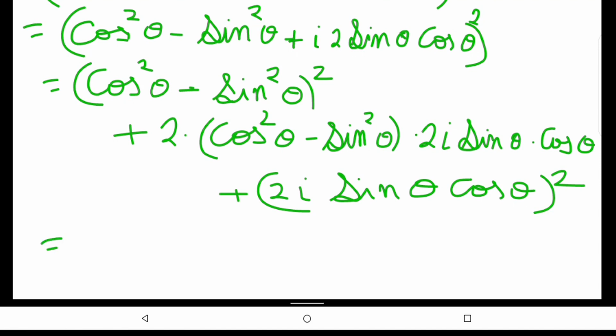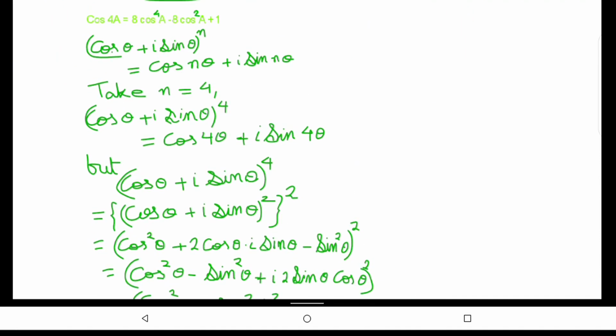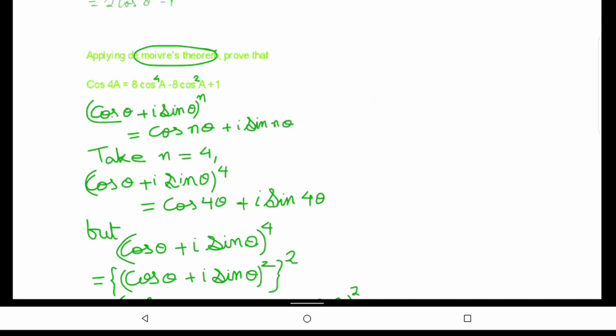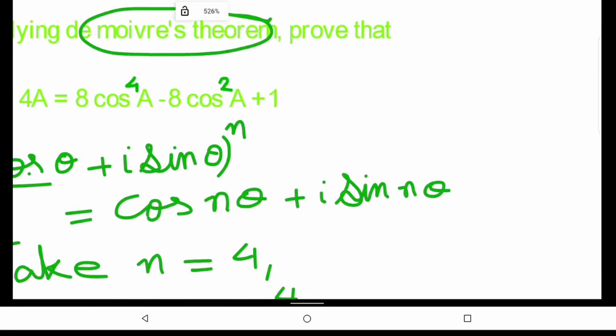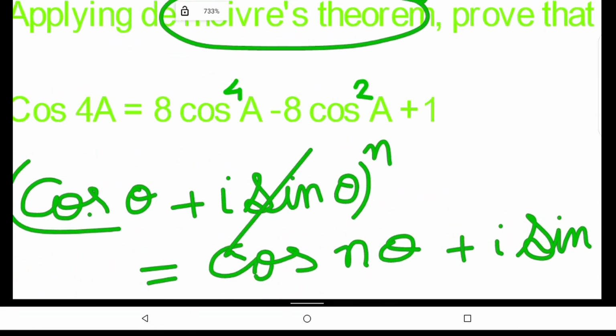Now, if we look at the actual formula that we want to derive, we have cos 4a equal to 8 cos to the power 4a minus 8 cos square a plus 1. What we can see is that we don't have anything like sine in this expression. Everything is in terms of cos. So let's do the same thing here.